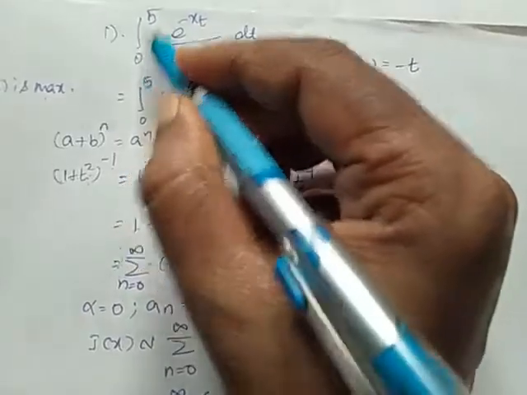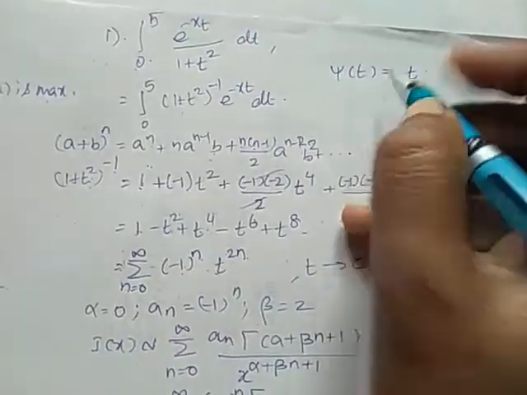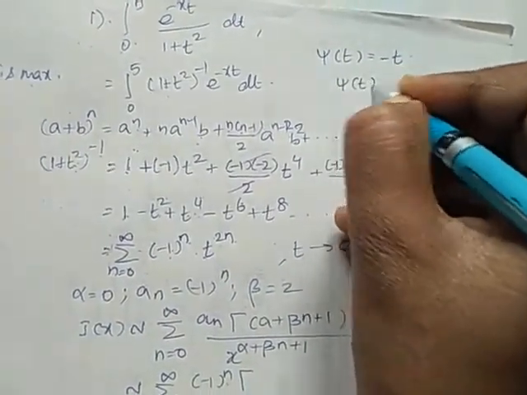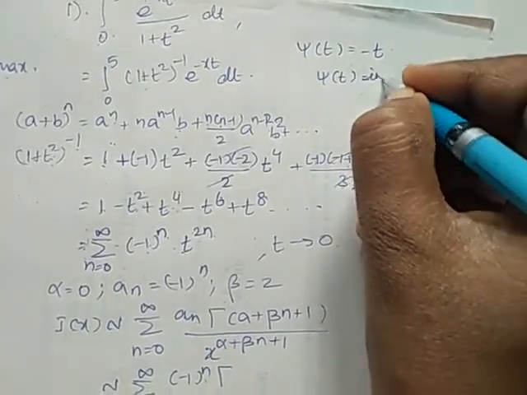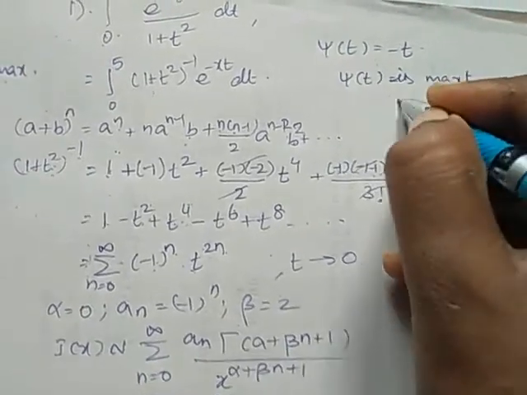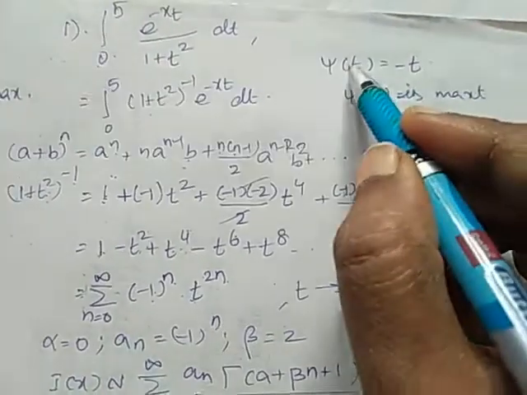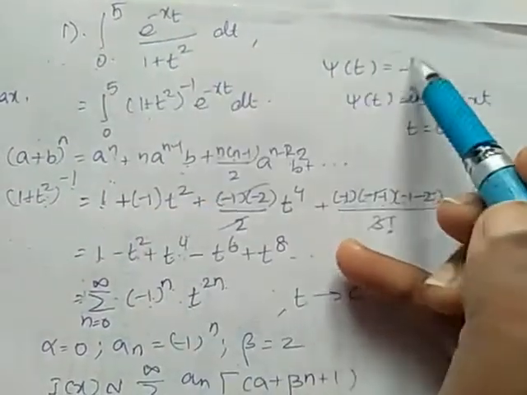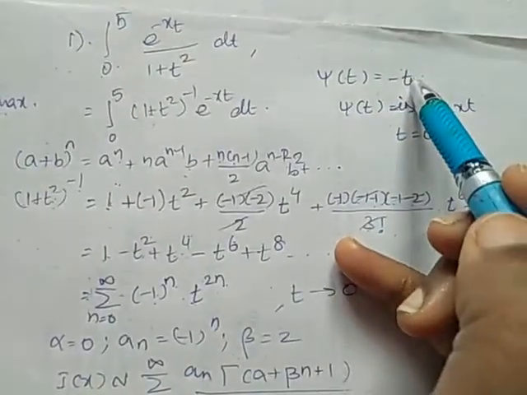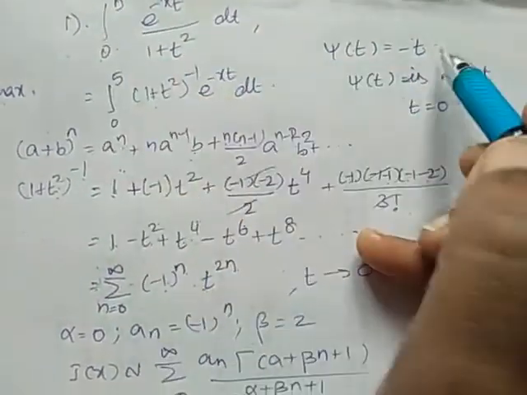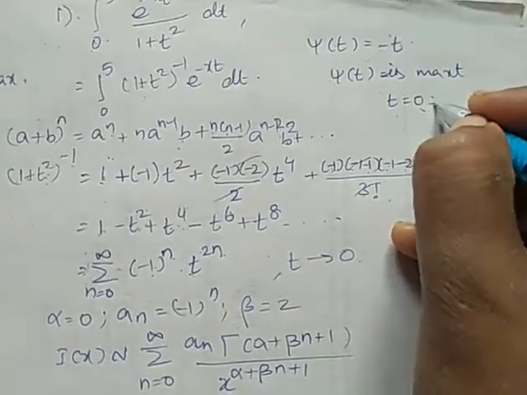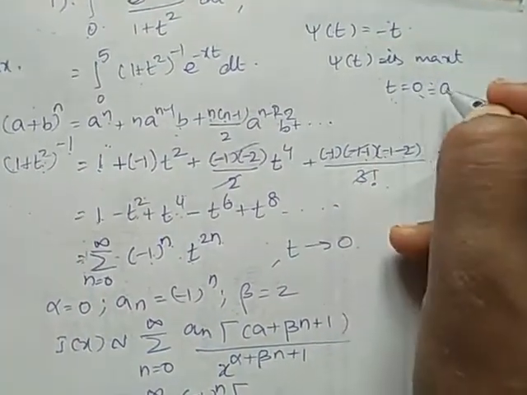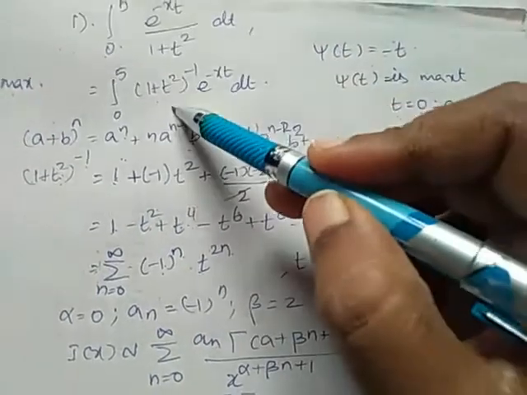So between 0 to 5, xi of t is maximum at t is equal to 0, right? When t is 0, it is 0. When t is 1, it is minus 1. When t is 5, it is minus 5. So, except 0, all other values are negative. Therefore, t is equal to 0. Therefore, a is 0. When t is 0, we are having maximum value.